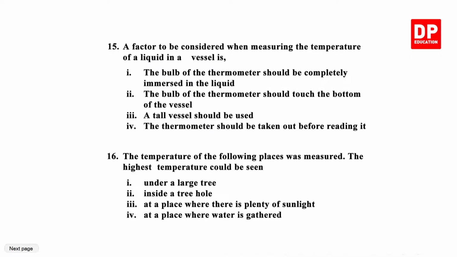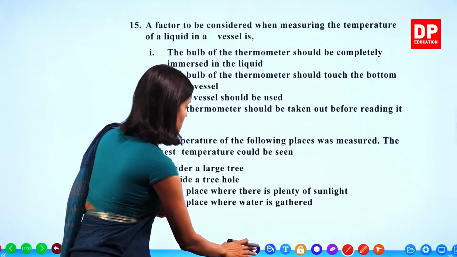Right? Next one. A factor to be considered when measuring the temperature of a liquid in a vessel. Now we measured the temperature of water in vessels. Do you remember while heating the water, we measured the temperature? So how to do this, children?